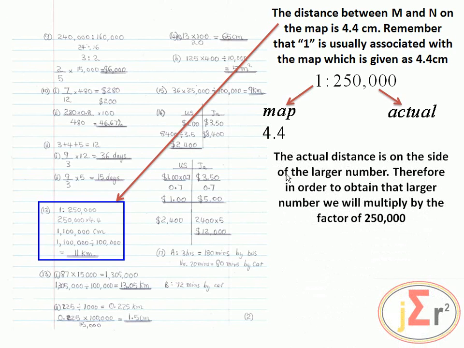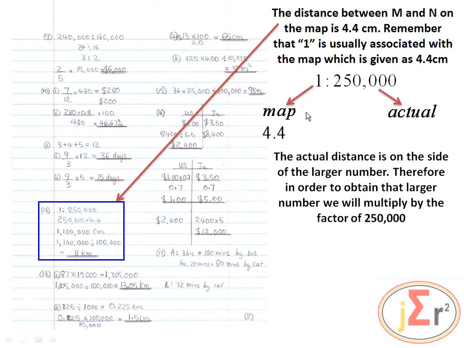The actual distance is on this side of the larger number. So here we have 1 and we have 250,000. No problem seeing that 250,000 is actually the larger of these two numbers. So we have on the map 4.4. And what do we imagine that we will get here?